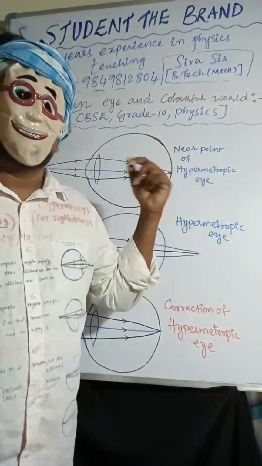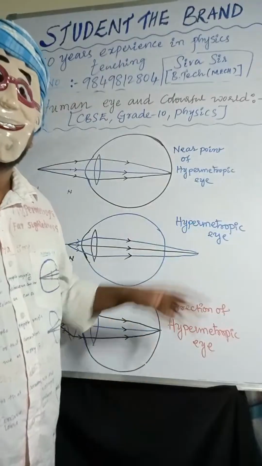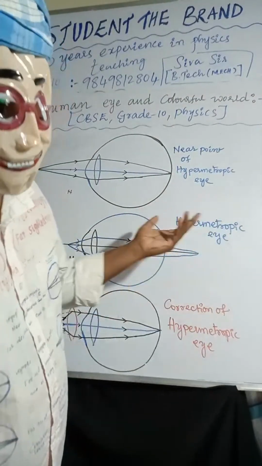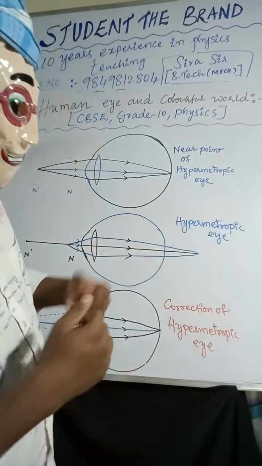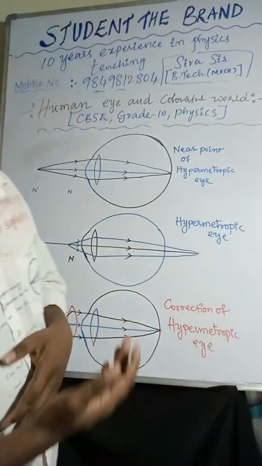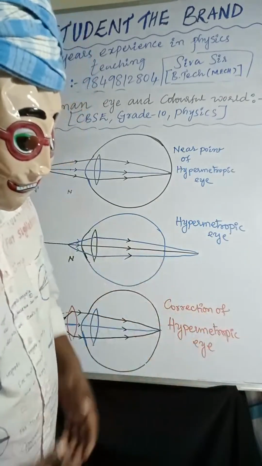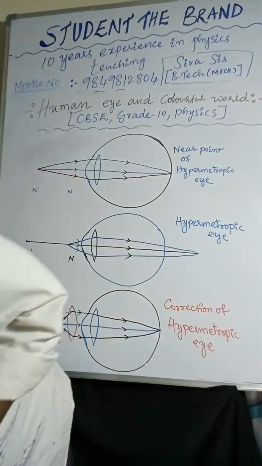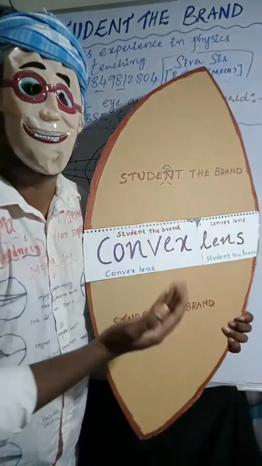Far distance we can see, near distance we can see. Hypermetropia. For that correction, we are using a convex lens.